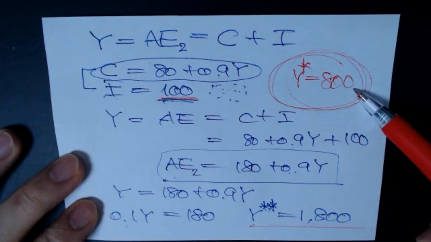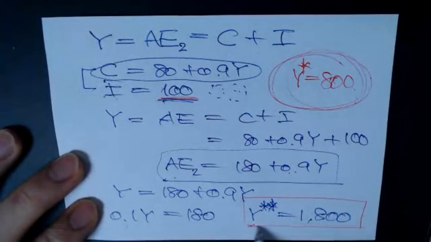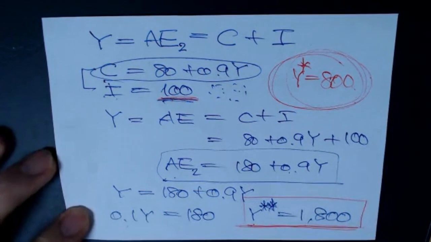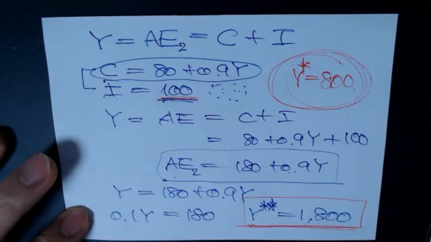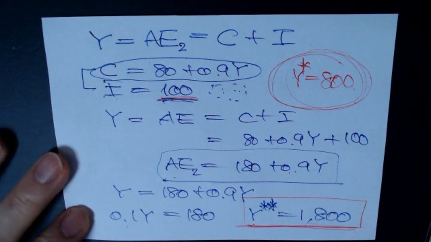It produces too little compared to the aggregate expenditure requirement. So this economy should produce 1,800 after firms are included in the model. So this is the change in the equilibrium output.